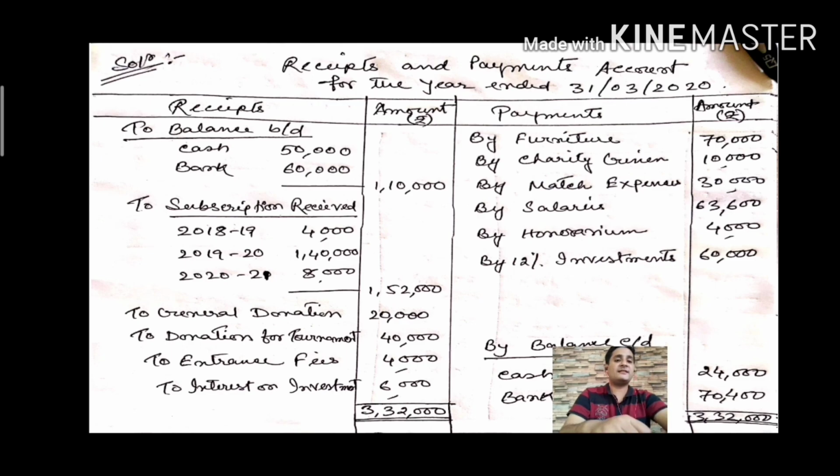So closing balance, bank amount is 70,400, and total 3,32,000. So this is the format of the receipts and payments account.